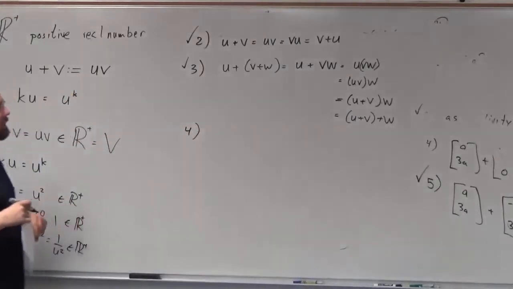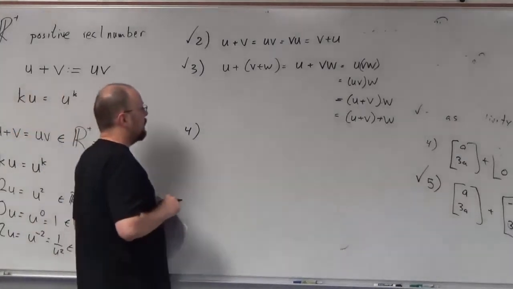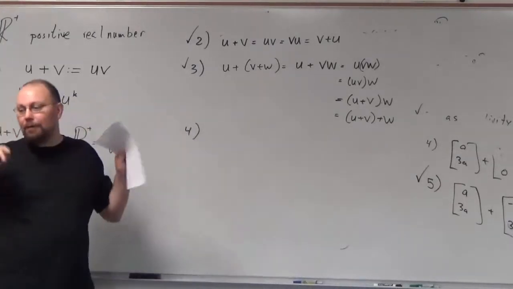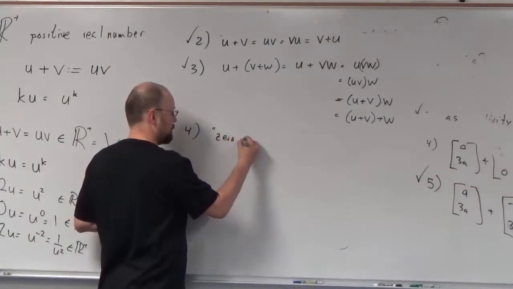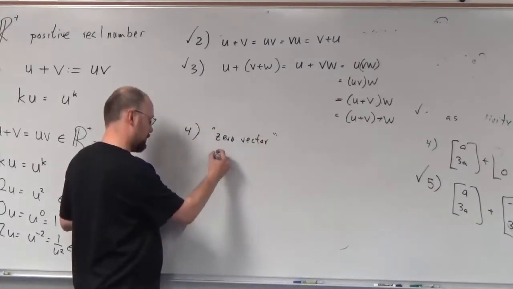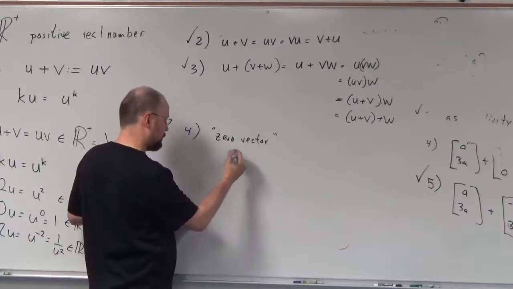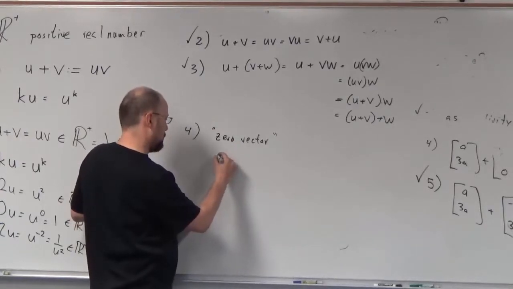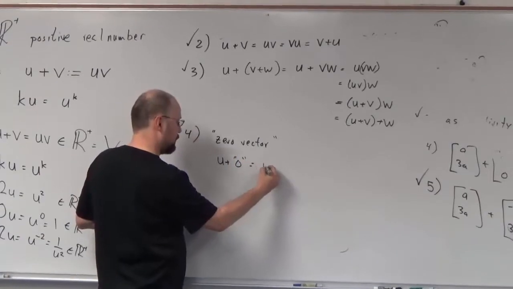Okay, so here's an interesting one: the existence of an additive identity. What do you think our 0 vector is here? Origin? Okay, so we want a vector such that u plus the 0 vector gives me u.